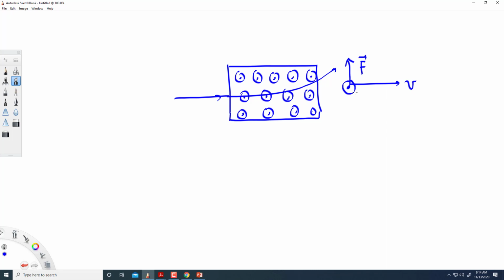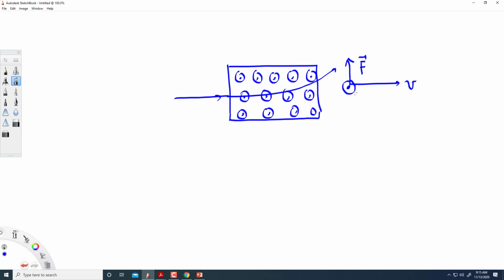Does that make sense? We are assuming that our magnetic field is pointing out. Okay, we don't know if that is correct or not, but what we know is the speed is to the right and the force is going up.